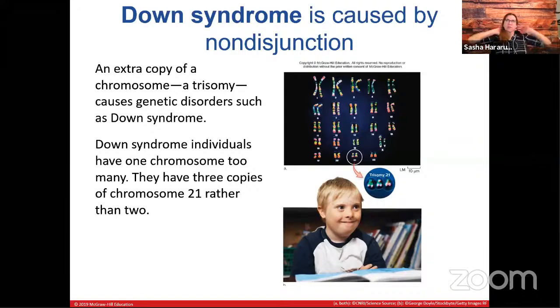I mean, it's a low chance to have a baby with Down syndrome, but because there are billions of people on Earth, there are lots of people with Down syndrome. Down syndrome is also called trisomy 21. It is caused by an extra chromosome in our 21st pair of chromosomes in the human genome.